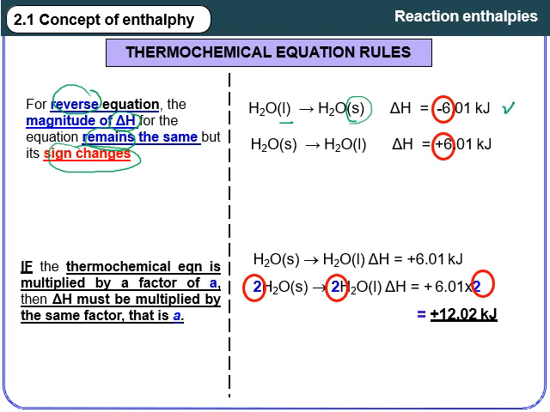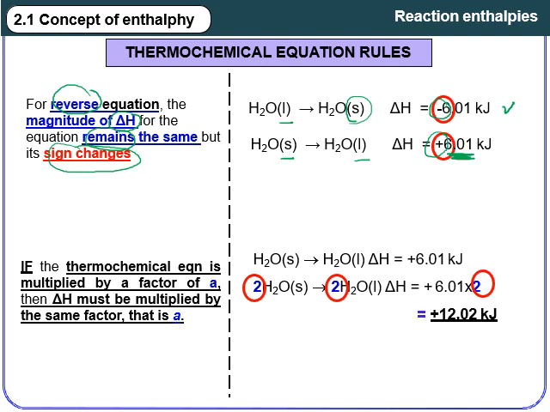But the other way around, solid H2O, which is ice, melting to form liquid H2O water, the magnitude of delta H is still the same, 6.01, but the sign will be different because one reaction releases energy, and the other way around absorbs energy.